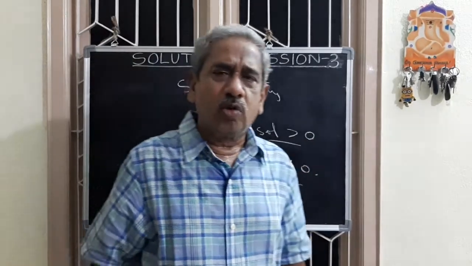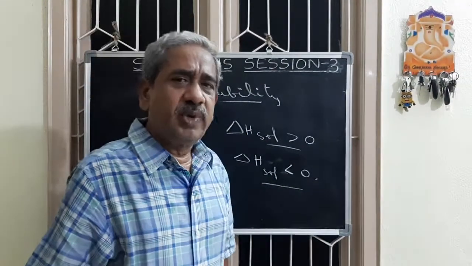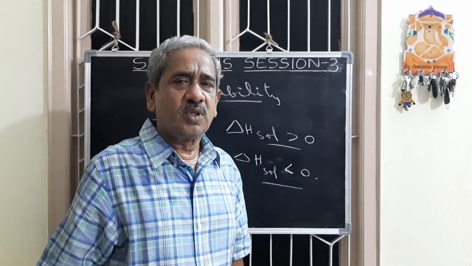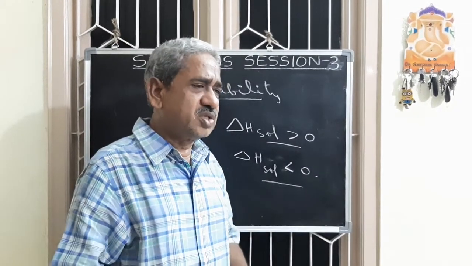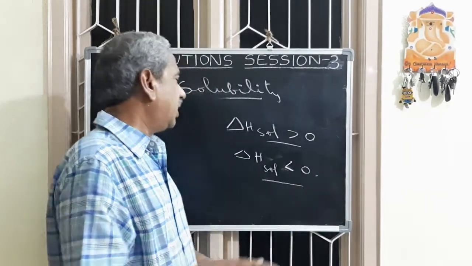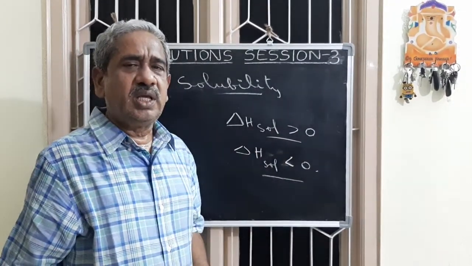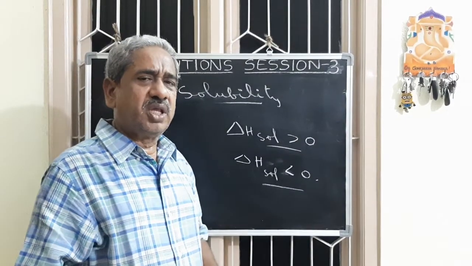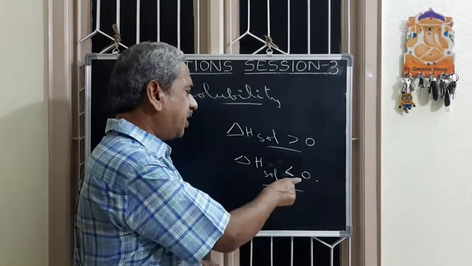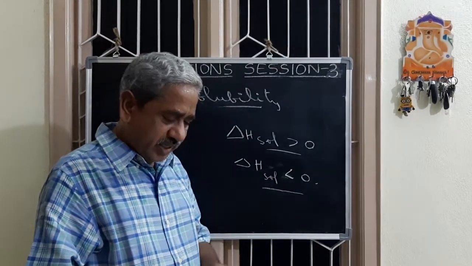That is, if the dissolution process is endothermic, delta H solution greater than 0, the solubility increases. And if the dissolution process is exothermic, delta H solution less than 0, the solubility decreases.